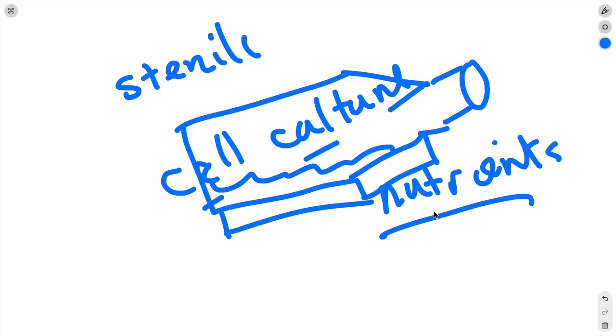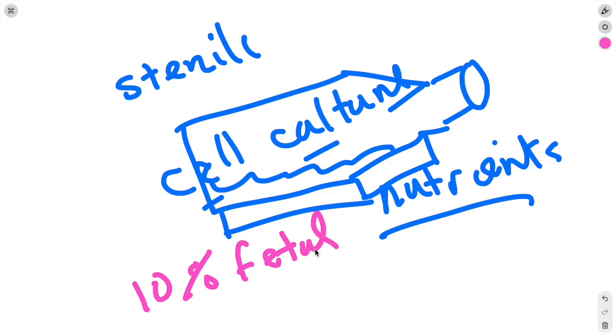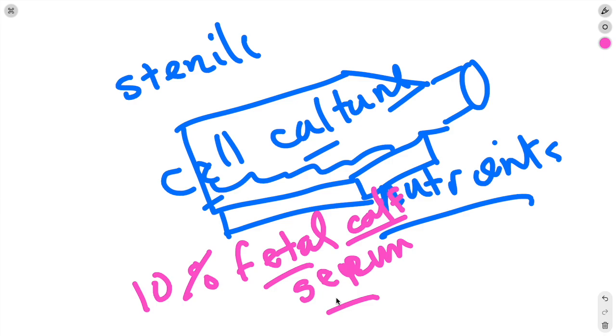And this surprising magic mix is, in addition to the nutrients, the liquid is often 10% fetal calf serum. Sounds super weird, because it is. Fetal calf serum is like an unborn baby cow's serum. And serum is the liquid part of blood.